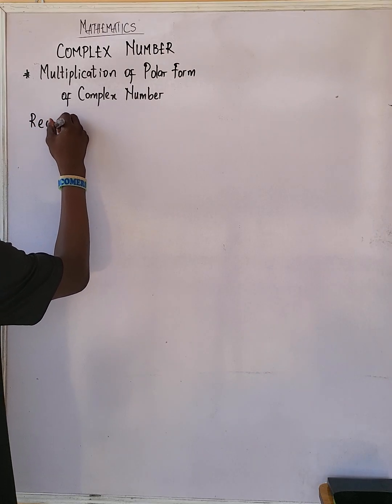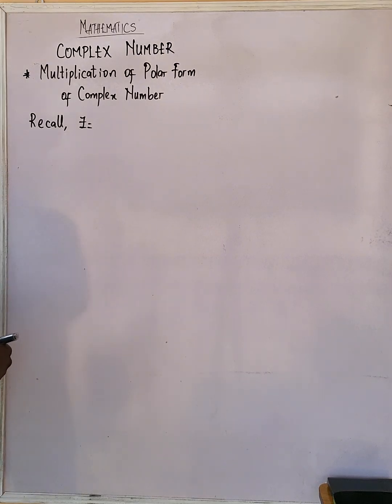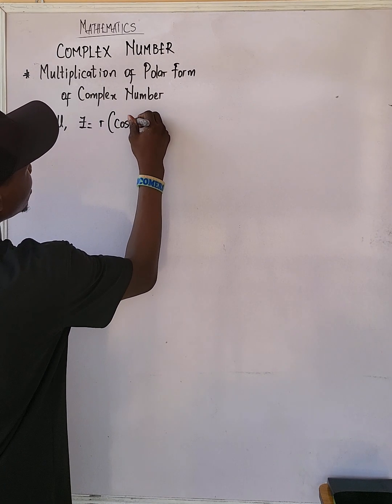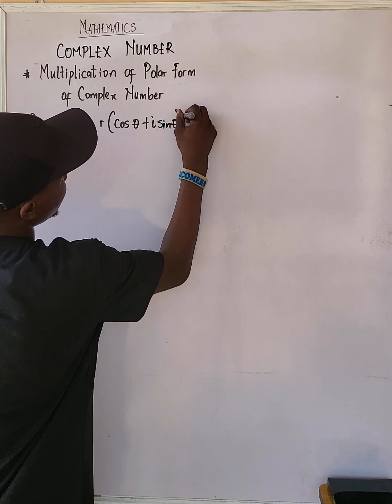Let's recall that Z is equal to R into bracket cos theta plus i sin theta, right?